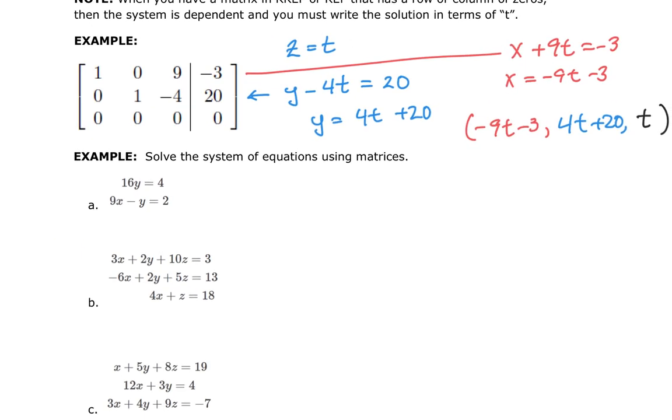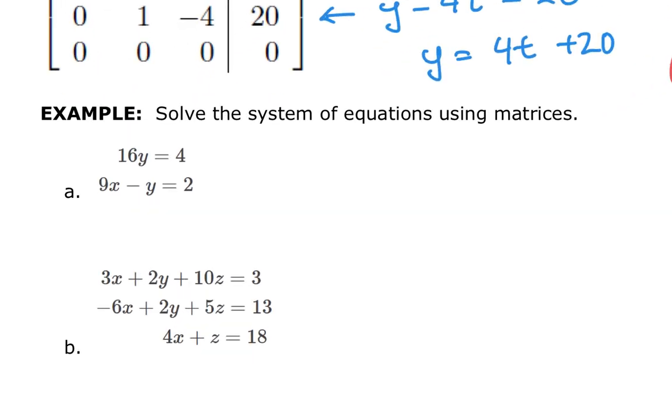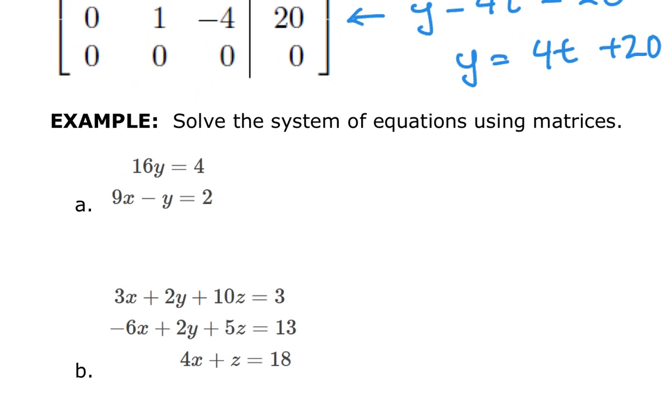Okay, so now we're going to solve the systems using matrices, and I'm going to zoom in so I have lots of space to do the writing. So when I solve using matrices, since this first equation does not have an x, I have to put a 0 as a placeholder in the x position. And then I have 16, and then I have 4, 9, negative 1, and 2. Put the line there to tell me that on one side I have the coefficients, and the other side of that line I have the constants.